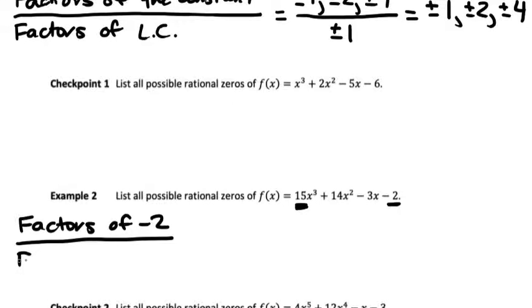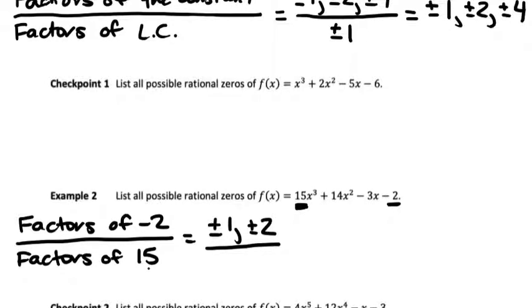So factors of 15 would go in the denominator. So how do I multiply to get negative 2 or 2? Well, it needs to be 2 times 1 is the only way. So plus or minus 1 and plus or minus 2. Those are my two options.